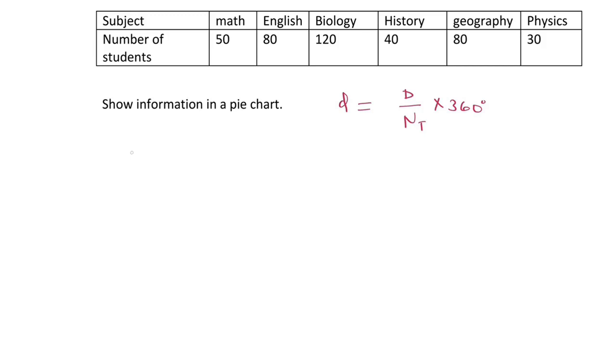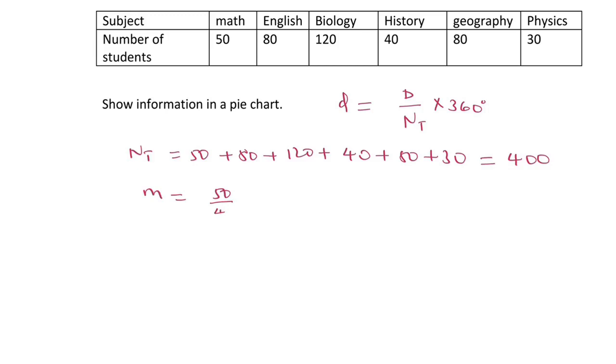Now from the table, the total number of data is going to be 50 plus 80 plus 120 plus 40 plus 80 plus 30, of which summing this we are having 400. Now to find the degree for mathematics, we are going to take 50 over 400 times 360, of which after solving the values we are having 45 degrees.